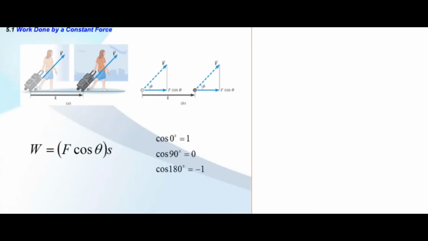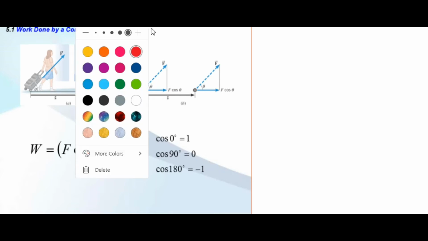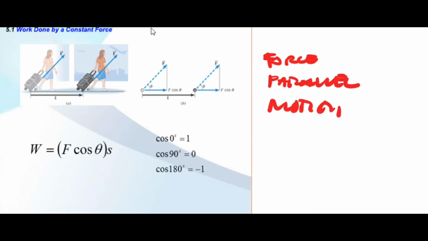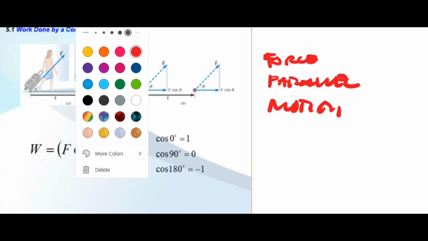Now, what if the force is not parallel to the motion? Because one of the requirements for work to be done is that the force should be parallel to the motion. Okay?